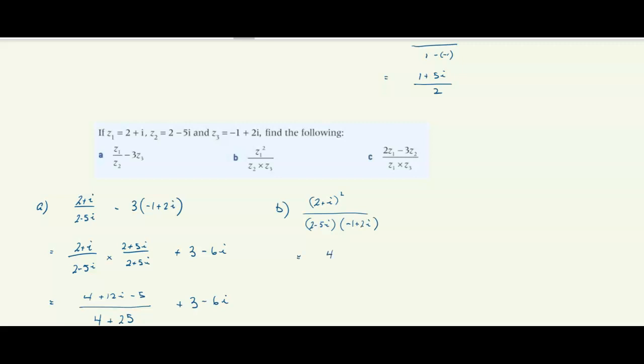Okay, 4 plus 4i plus i squared, which is minus 1. 2 times negative 1, negative 2. 2 times 2i, so that's plus 4i. So plus, that's plus 5i, isn't it? Plus 5i. And we got now minus 10i squared, so that's plus 10. Alright, so we've got 3 plus 4i.